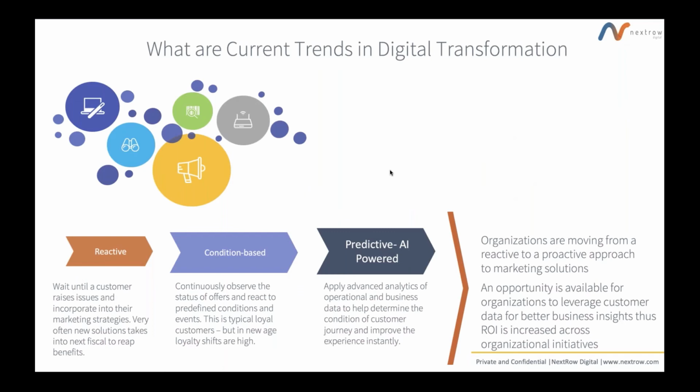Taking a step back, we are looking at the current trends in digital transformation. Way back in the early 90s, the website was primarily meant to be in a reactive mode. What it means is that when there are changes, they have to be made manually.